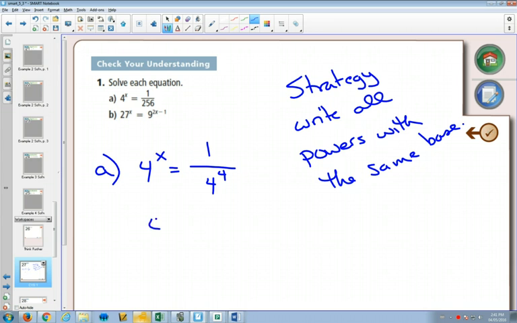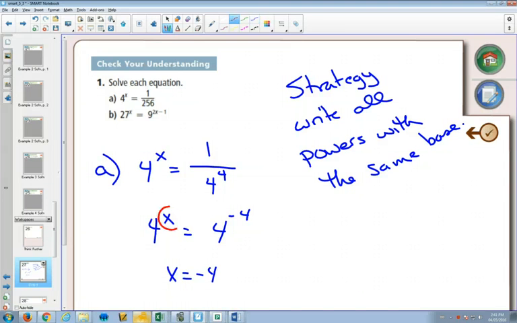Do you remember what exponent law would allow me to move this 4 to the top? A negative. 1 over 4 to the 4 is the same as 4 to the negative 4. Then, once you've written both sides with the same base, what's x? x has got to be negative 4.